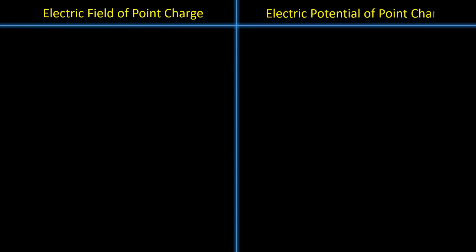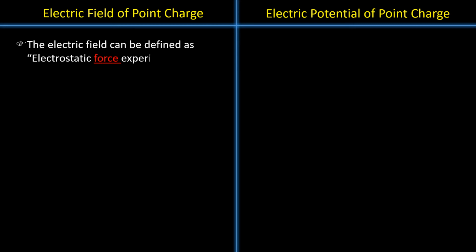Let us now compare electric field of point charge and electrostatic potential of point charge. How many points of comparison we have? So we know that electric field is defined as force experienced by unit positive charge, and as force is vector quantity, electric field is also vector quantity.